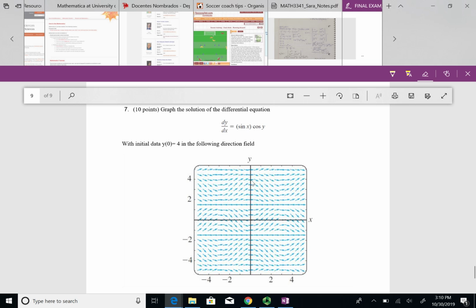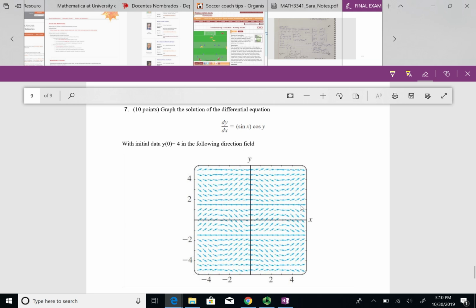So let's see a couple of things. For example, sine of pi halves is going to be 1, and cosine of y depends on what y is. But if we put pi halves, it's 1 point something, that's going to be this line.